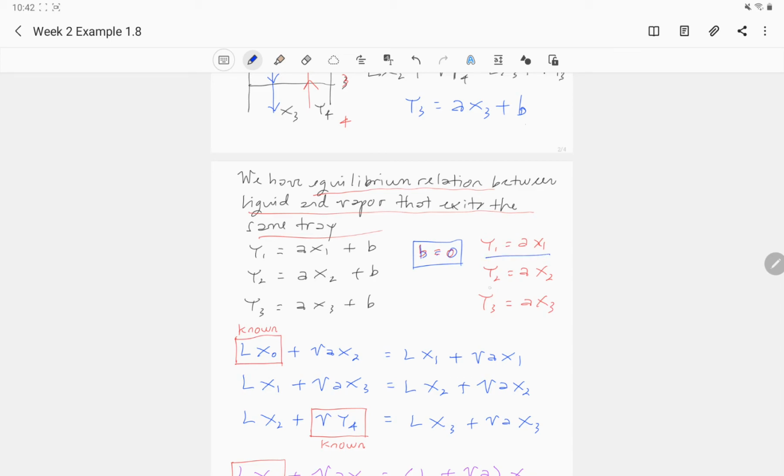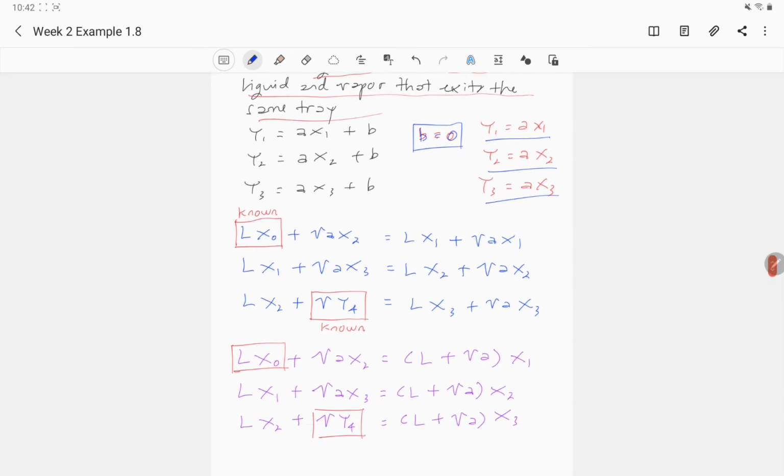Then we have Y1 equal to AX1, Y2 equal to AX2, and Y3 equal to AX3.